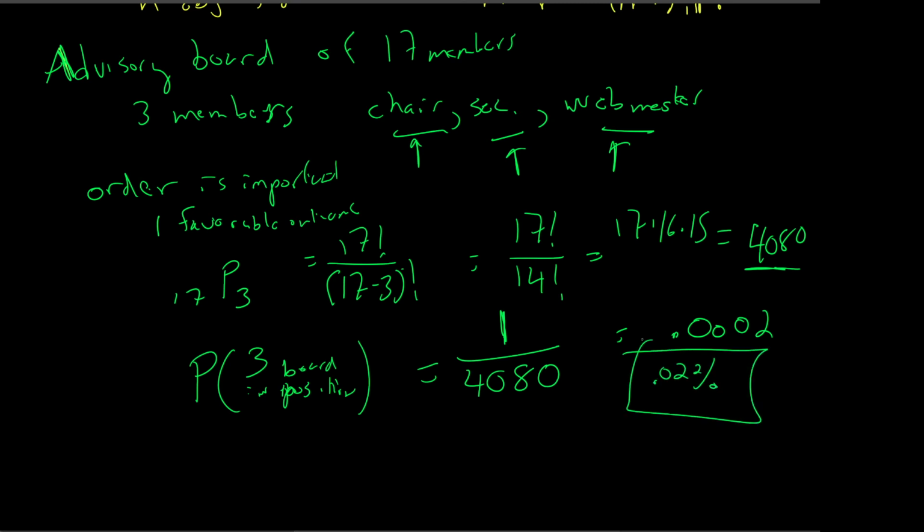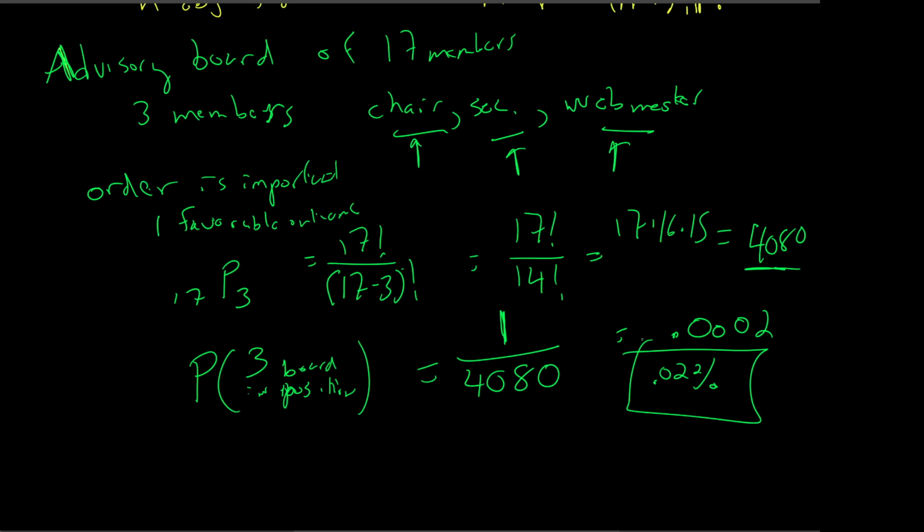That's the probability of it. But notice how we took a probability out of it. Think of what this is saying. There's 17 people and they're on a board. And I just point to 3 people randomly. And I say, you're the chair, you're the secretary, and you're the webmaster. This is my chance of being right, knowing that these positions already exist inside the ability to figure out who's who.